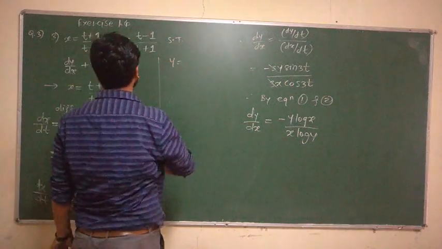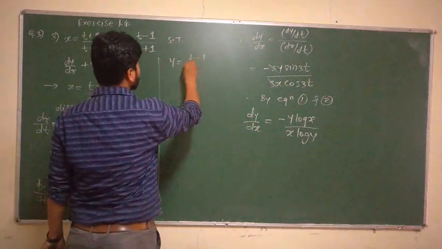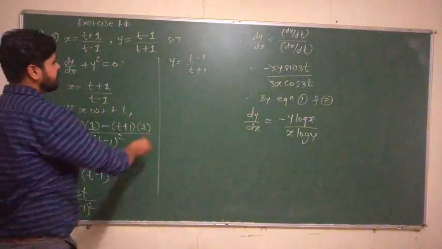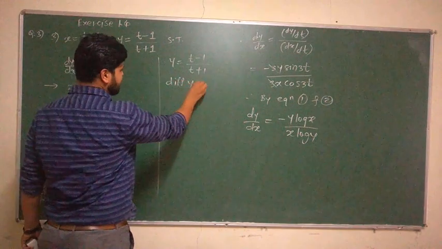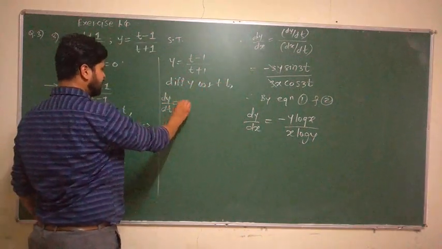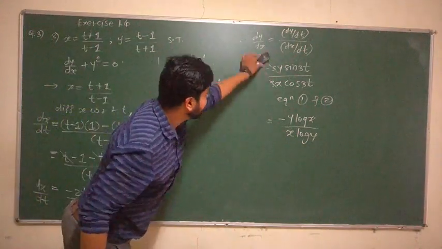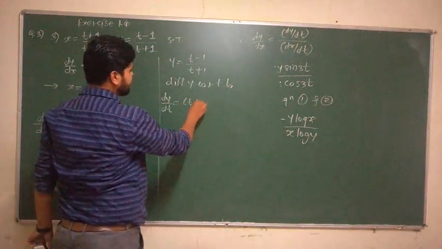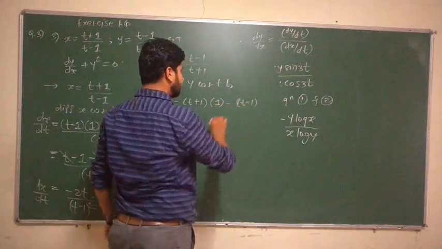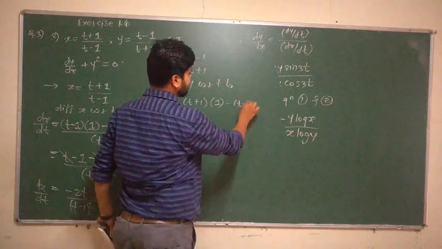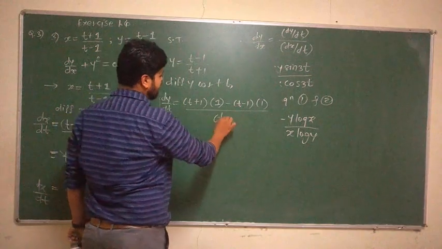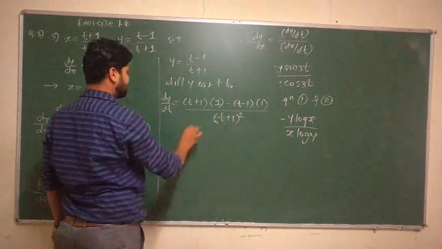Now what is y? It is t minus 1 upon t plus 1. If you differentiate y with respect to t, then dy by dt is equal to, again using the u by v rule, v as it is into derivative of u is 1, minus u as it is into derivative of v, upon v square.